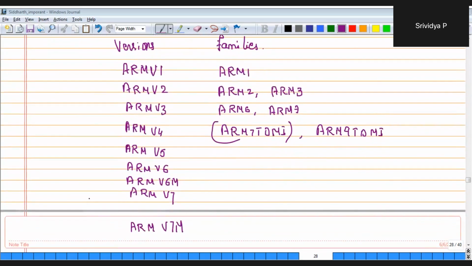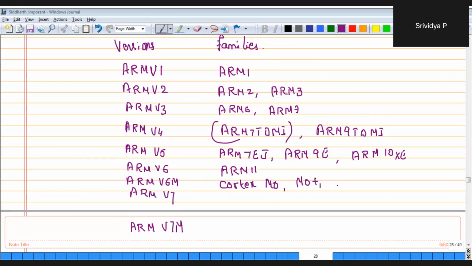Going to ARM version 5, examples are ARM7EJ and ARM9E, also ARM10XE. Going to ARM version 6, examples are ARM11. Going to version 6M, let's study what these are again. So for V6M, we have the Cortex series, Cortex M0, Cortex M0 plus, and Cortex M1.